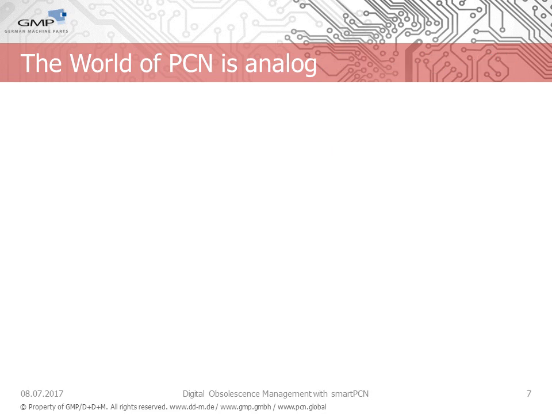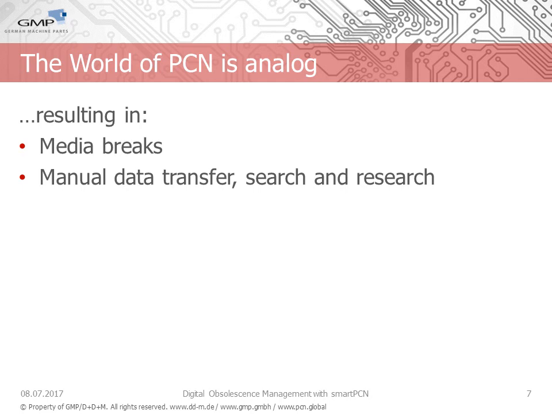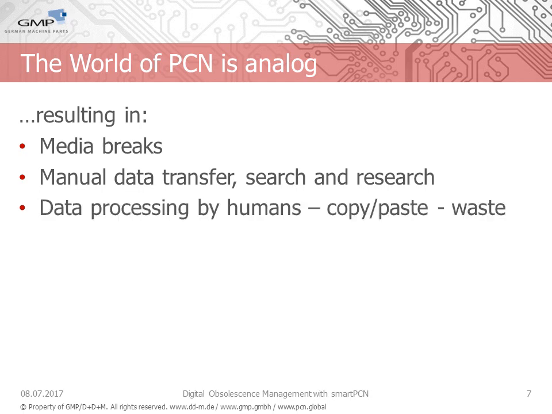The world of PCN is analog, resulting in media breaks. We need to manually perform data transfer, need to search for numbers and do even research for additional information that is missing in the PCN.